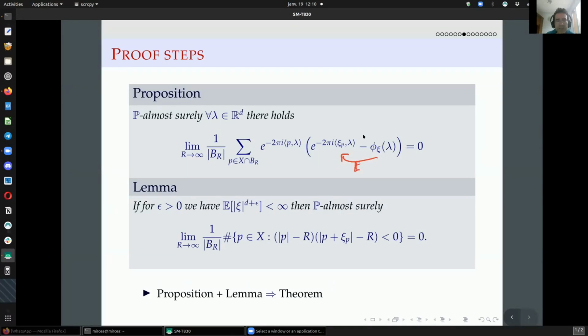And so we are saying that these two quantities, averaged over larger balls, tend to 0. This is the first step.